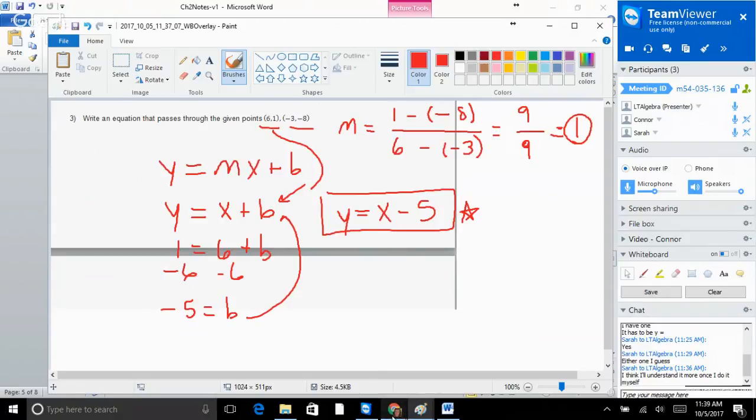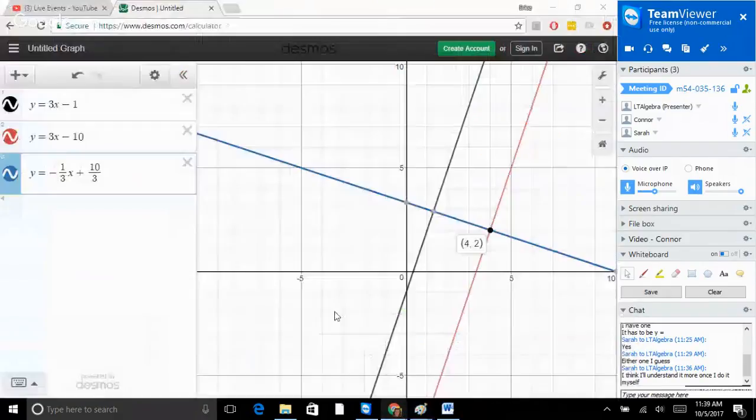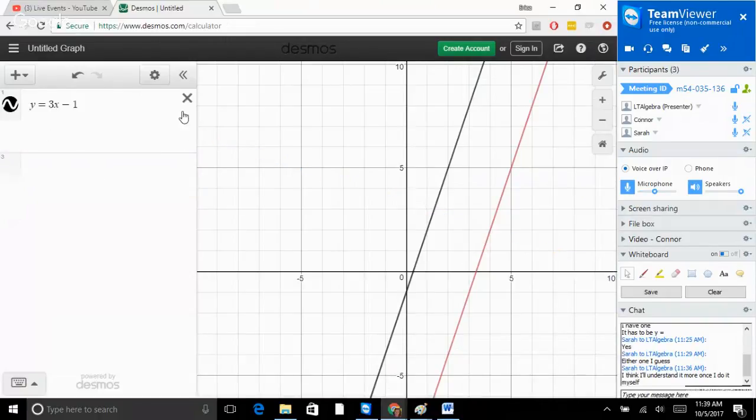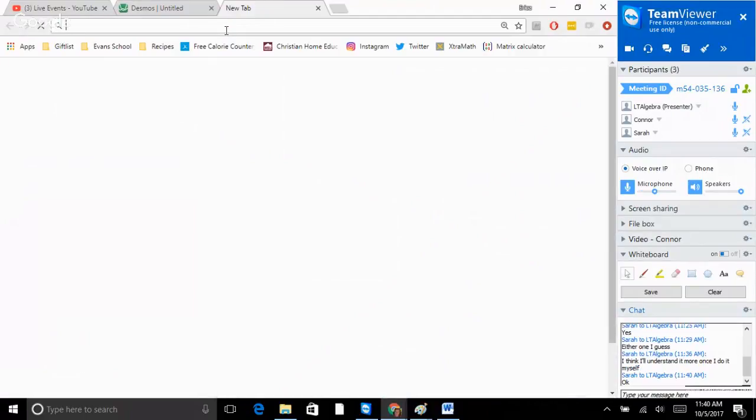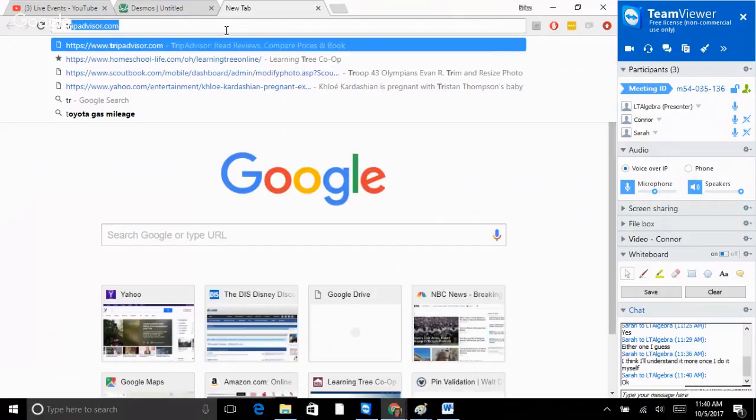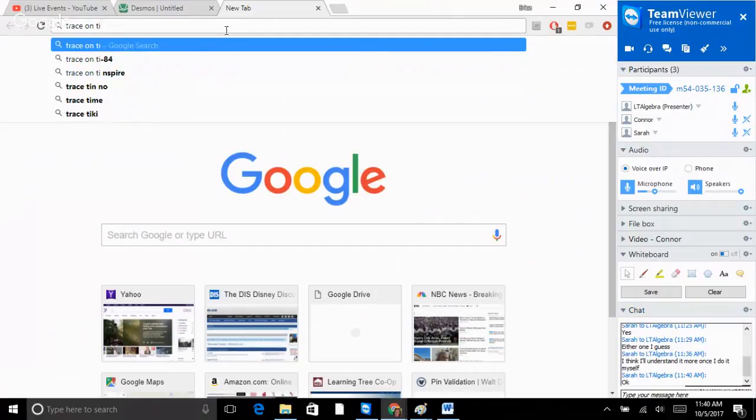And Sarah, if you are graphing this on your TI calculator, you can put y equals x minus 5 on there. And if you want to see the points, you're going to use the button at the top called trace. Trace will actually jump onto your line and trace along the line, and along the bottom it'll say X and Y. Let me see if I can find trace on the TI-84.